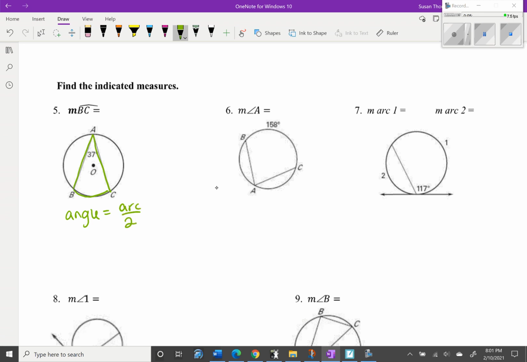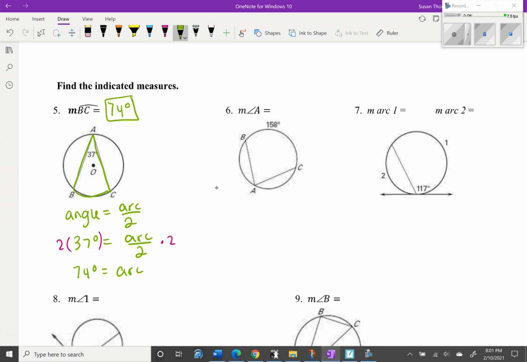So in this case, we have the angle, which is 37 degrees, equals the arc divided by 2. So if we multiply both sides by 2, 2 times 37 is 74 degrees, which is equal to the arc. So that means that BC is equal to 74 degrees.